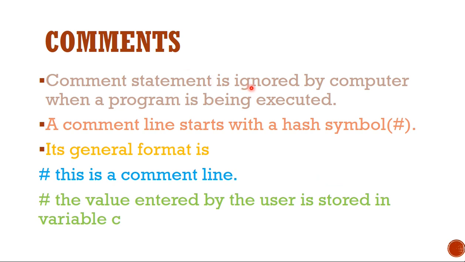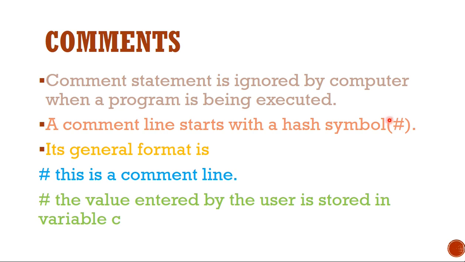A comment statement is ignored by the computer when a program is being executed. It is not visible to the compiler when the program is running. A comment line starts with a hash symbol.